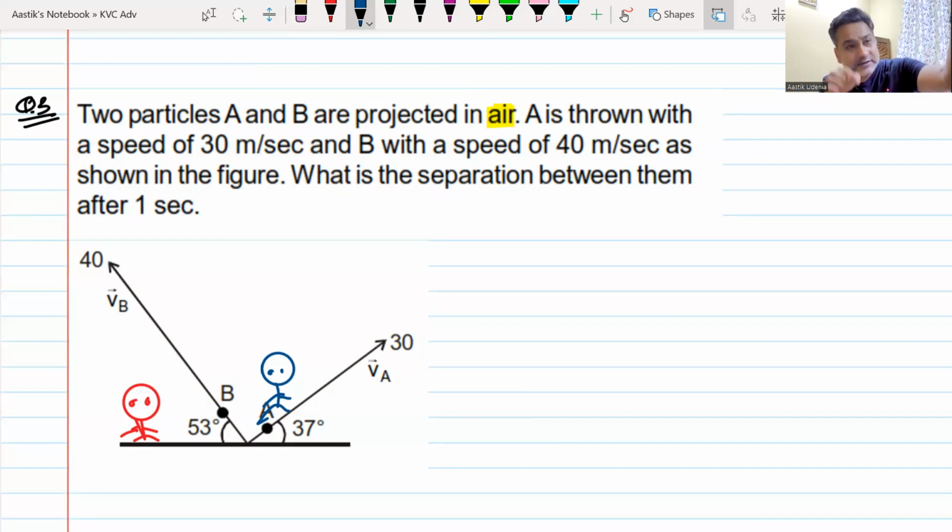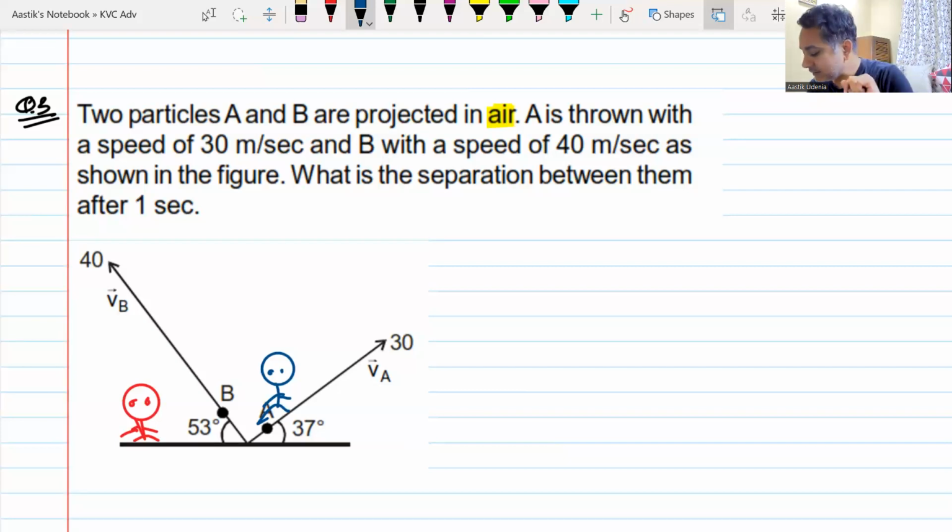If one is flying and the other one is not flying, the motion is different. If one of them is on the ground and the other one is flying, the motion is a projectile motion. But when both of them are in the air, the motion becomes very simple.